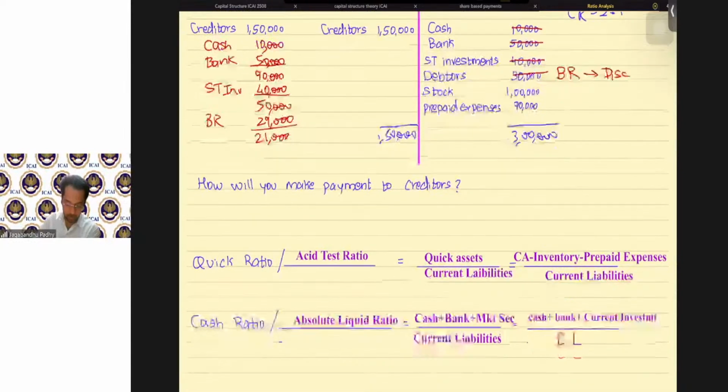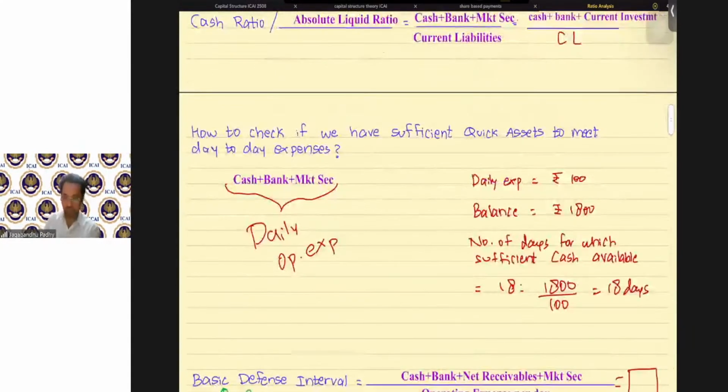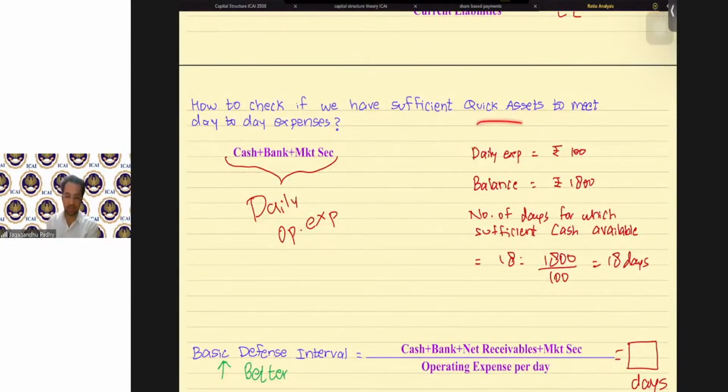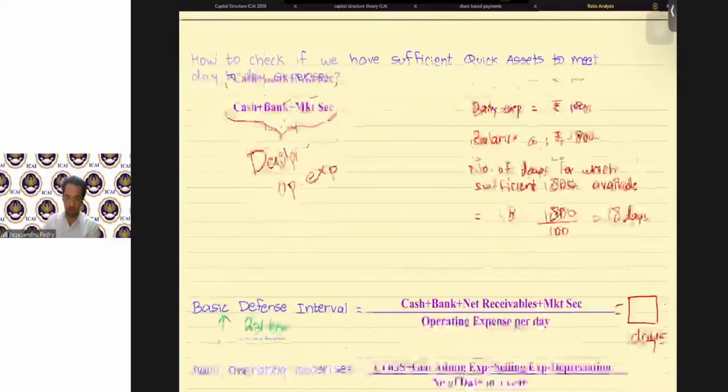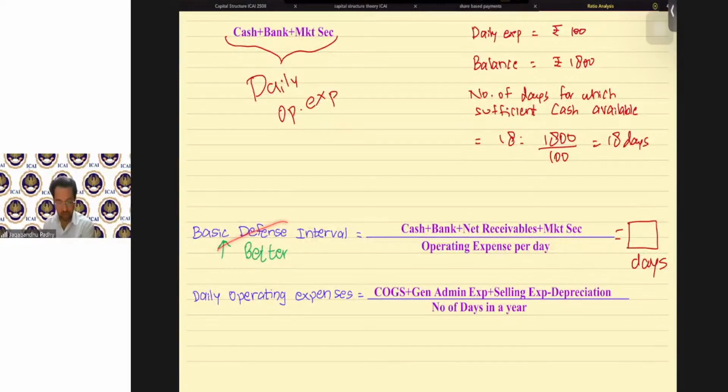Okay, then how do we check whether there are really sufficient quick assets? So for that, we looked at the basic defense interval ratio and daily operating expenses. Basic defense interval ratio was about how much cash and marketable securities we have as compared to operating expenses per day. And whatever our answer was, that was in days.